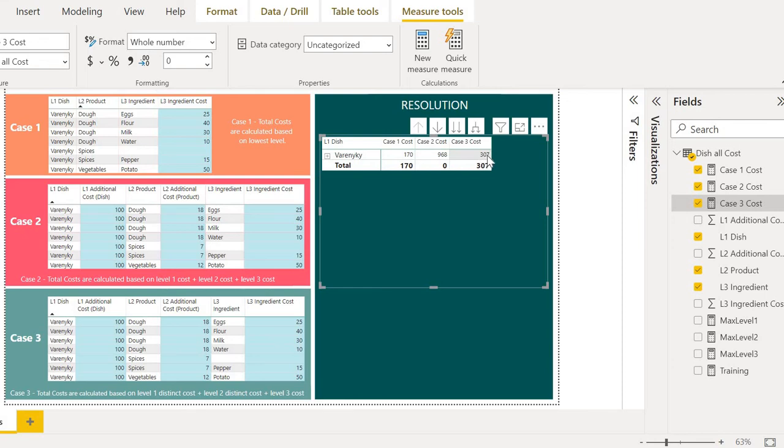We do have 307, so it means it calculates the lowest level for ingredients, all the cost, plus the cost for the second level, but only the distinct values, 18, 7, and 12, and it will also add the total cost for level 1, 100, only one time.